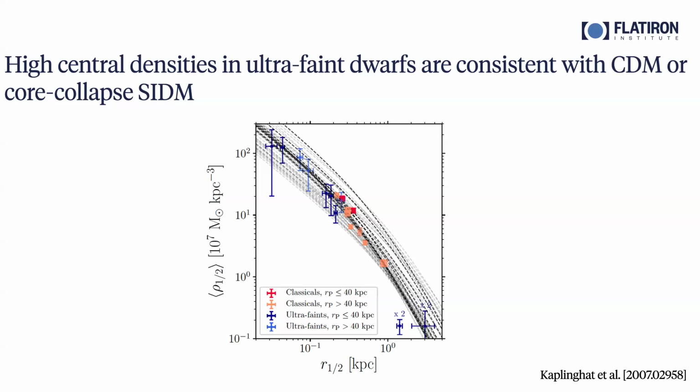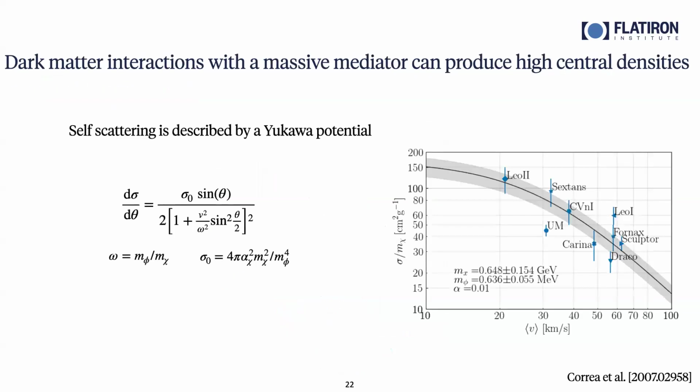So either you have to be CDM, or the cross-section has to be so high that you're producing core collapse in these ultra-faint dwarfs. That's basically where we're pinned. So now we have a velocity-dependent cross-section. We need this velocity-dependent cross-section. And this paper by Camila Correa, she tries to quantify this by using this gravothermal model.